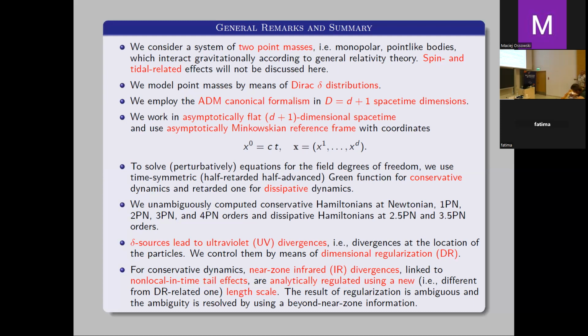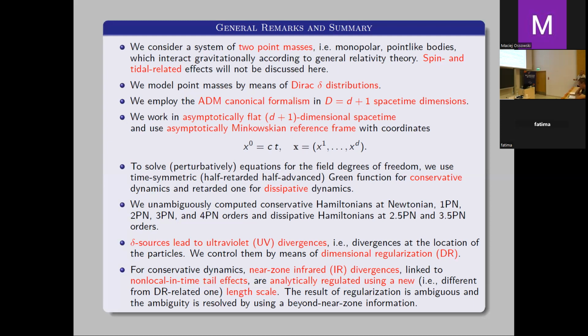We employ the ADM canonical formalism not in 3, but in capital D space-time dimensions. So small d is the dimension of space. This is because the only way up to now of removing ultraviolet divergences is to use dimensional regularization. Then we work in asymptotically flat d+1 dimensional space-time.